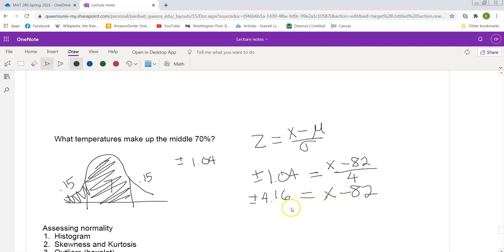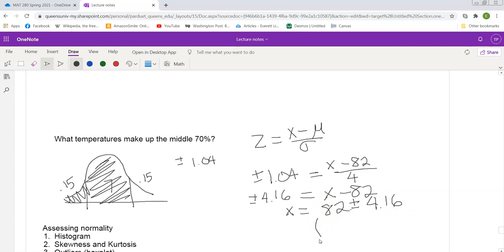So if I add 82 on both sides, that's 82 plus or minus 4.16.